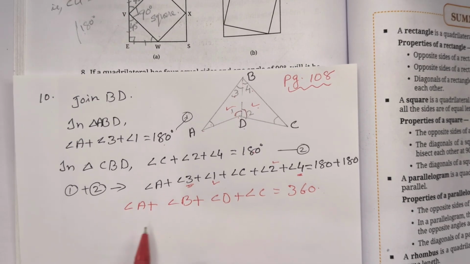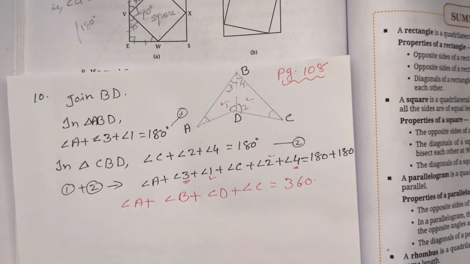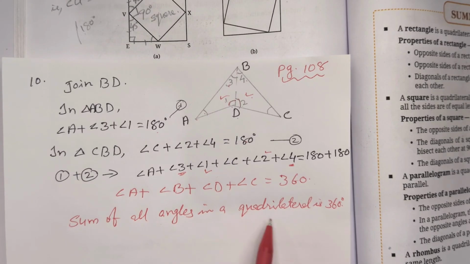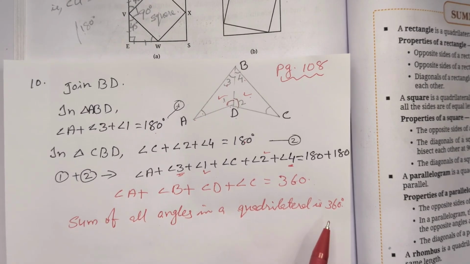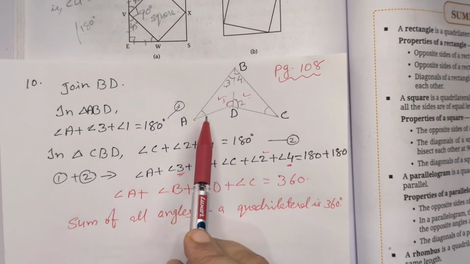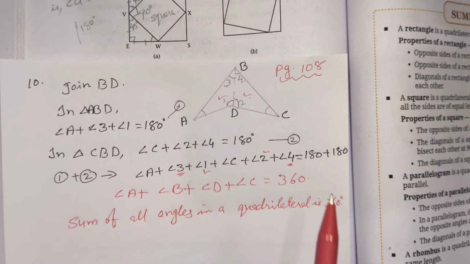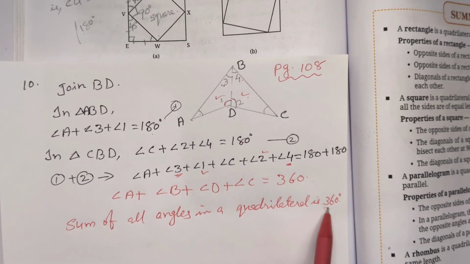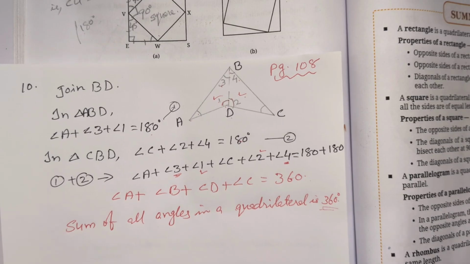So the sum of all angles in a quadrilateral is 360 degrees. By measuring using the protractor also, we can check that the sum of all 4 angles in a quadrilateral is always 360 degrees.